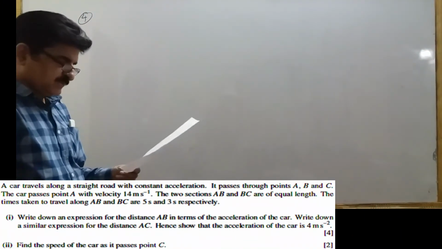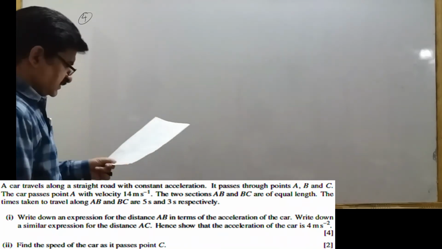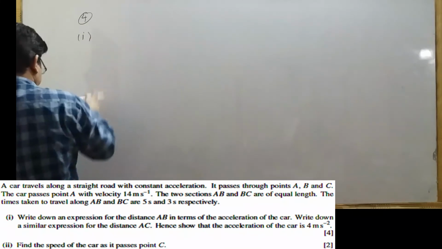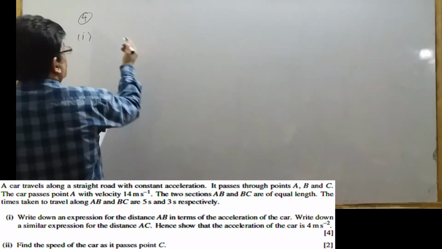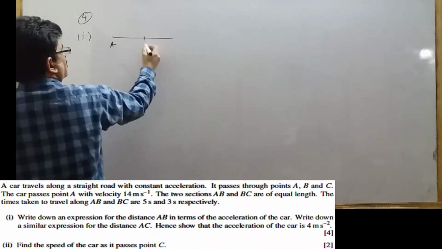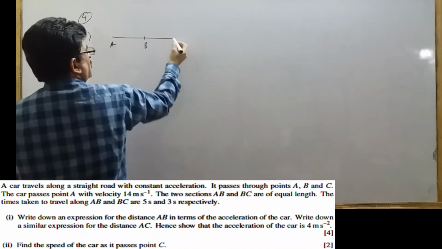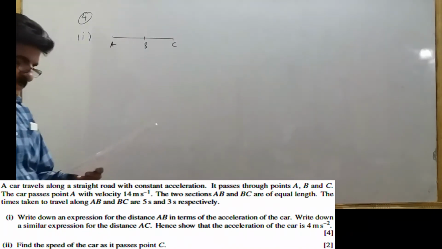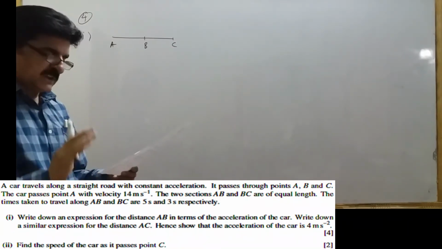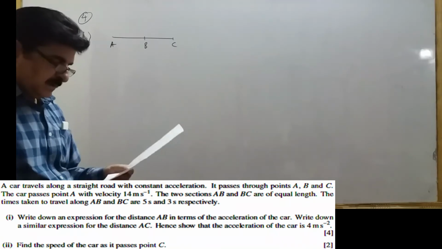Read it please carefully. Here the situation is that in the first part, it is given that the car is moving with constant acceleration throughout the motion, so acceleration will not change.